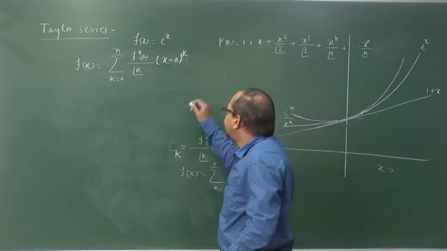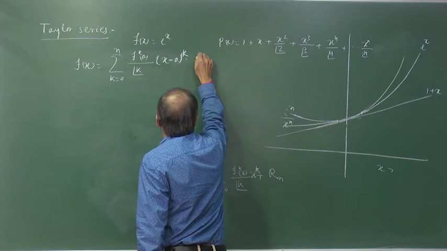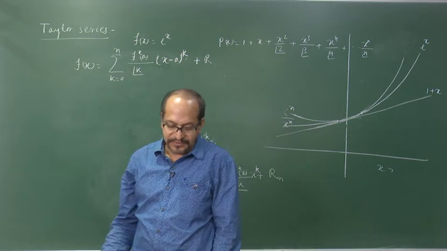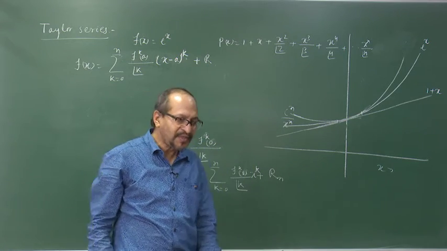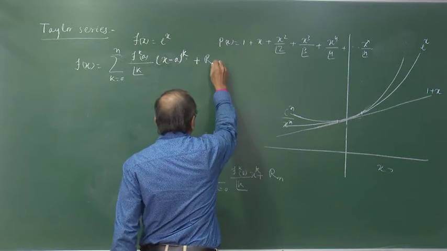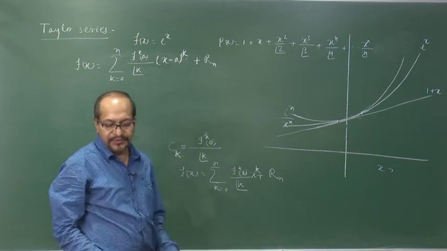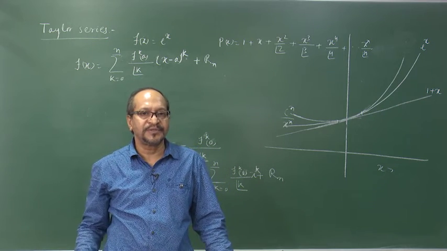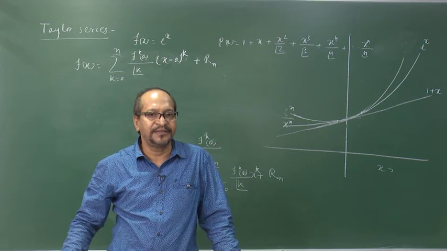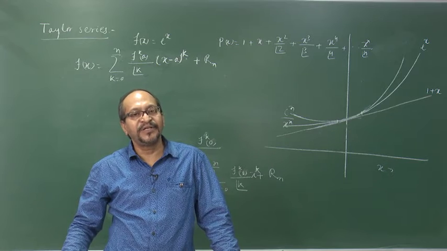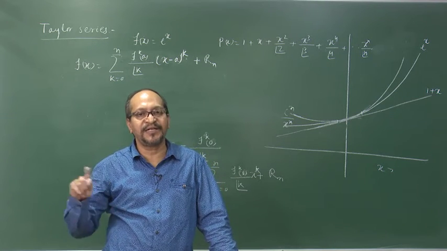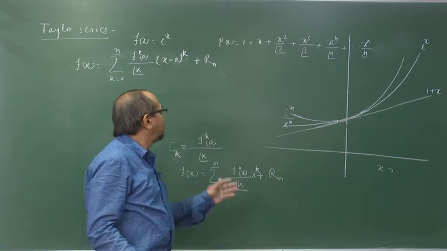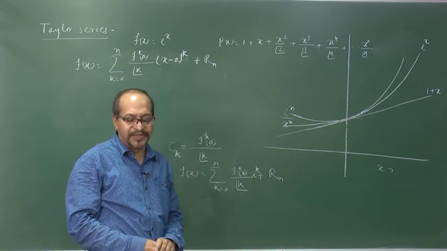So that remainder is always there, say R n, after n number of terms, provided that when n tends to infinity, R n tends to 0. This is called our Taylor series expansion.